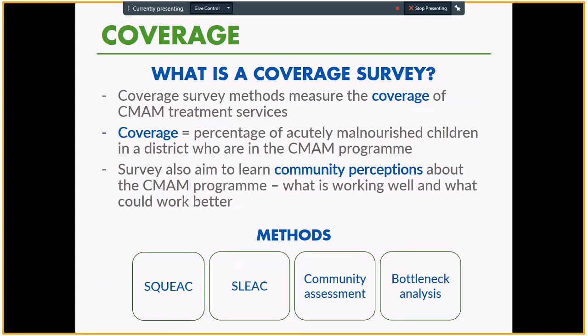So if 5 out of every 10 children are accessing treatment in a very rural area, then that is good. If it's higher, brilliant, but it's rarely higher than that, in all honesty. As we'll see later, there are so many different reasons why carers won't come to the treatment centre. Those are barriers for us.